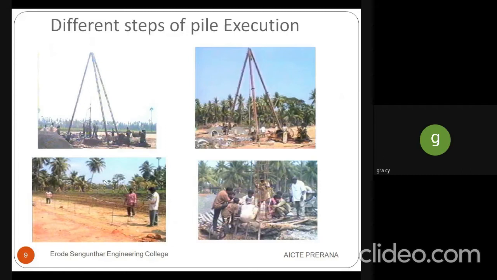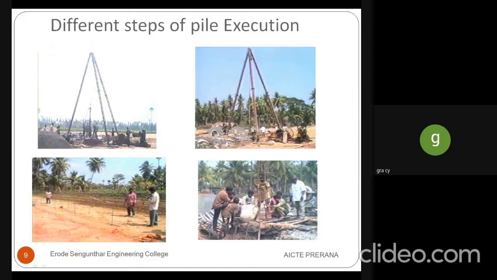Here the third step is constructing the reinforcement rods in any shape, either circular or square or rectangular. Here they are doing the bar bending schedule of the reinforcement rods, and tying up of the reinforcement rods. They are erecting it into the excavation in this picture.